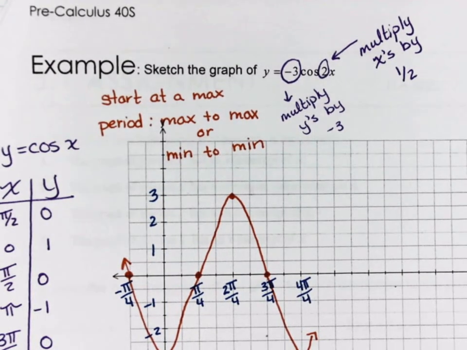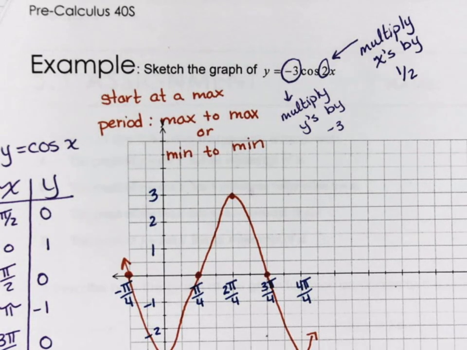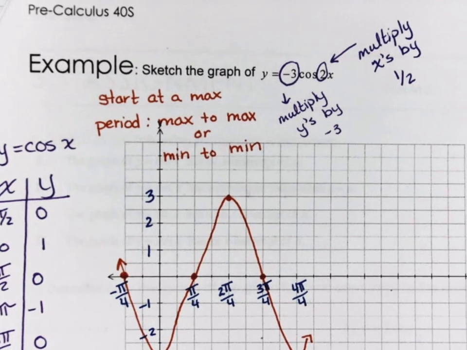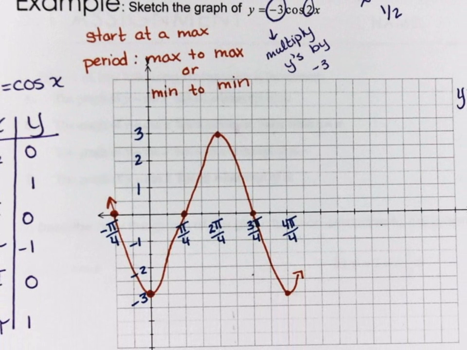And you guys all know what I mean by max to max, like the highest point to the next highest point, or the lowest point. Because in this case, I don't have 2 maximums, but I do have 2 minimums.